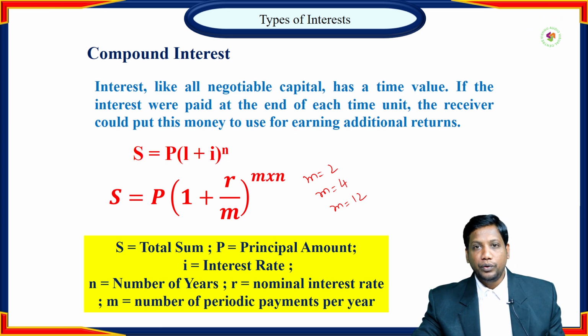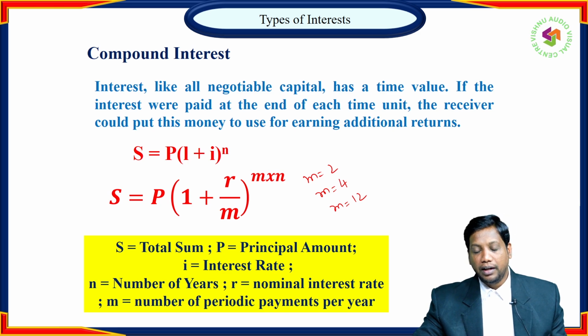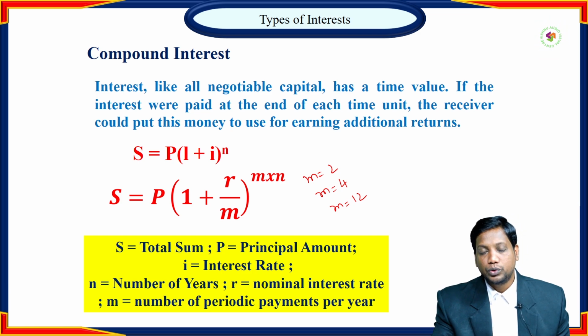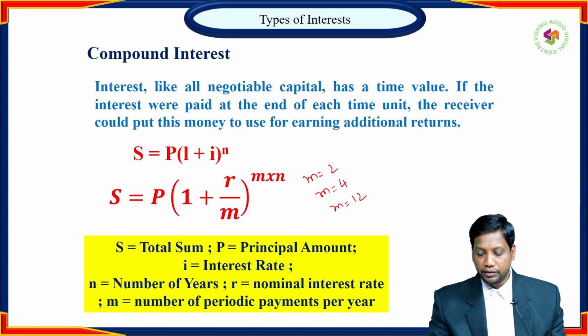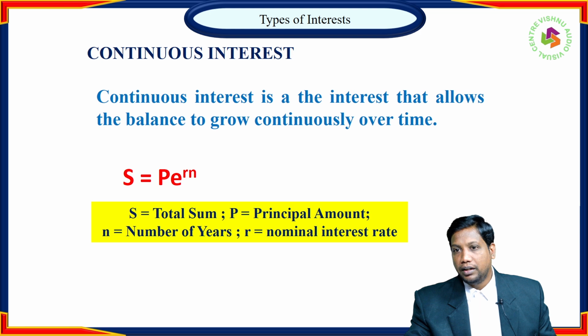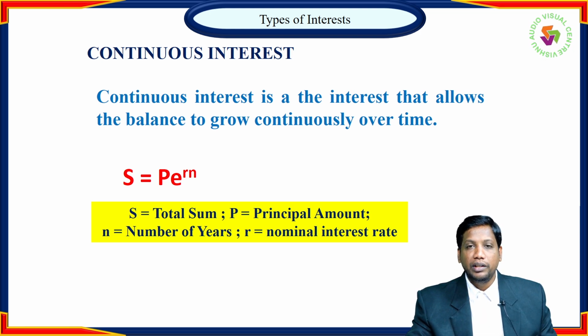S equals P into (1 plus I) whole power N. And where the compounding has been given as quarterly or half-yearly, S equals P into (1 plus R by M) whole power M into N. And if it is daily compounding, where M equals 365, it is known as continuous interest.